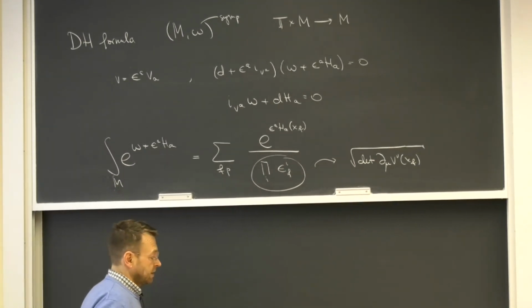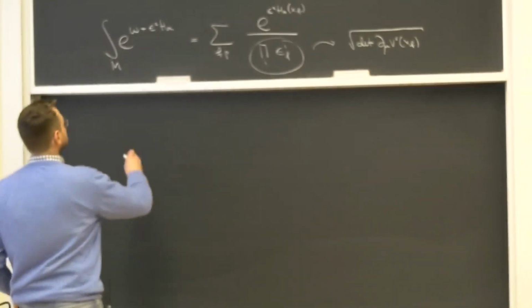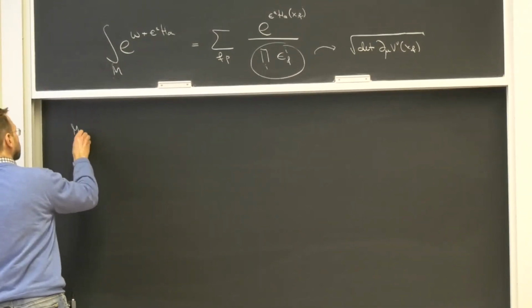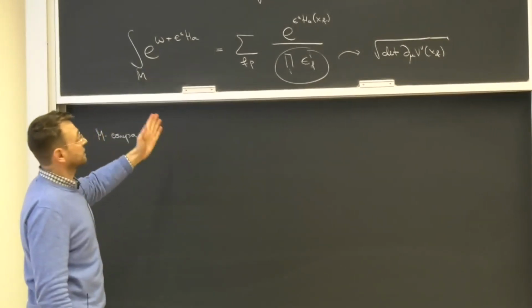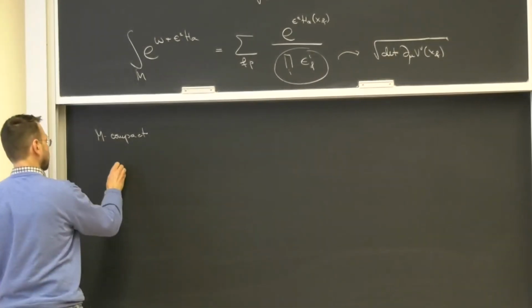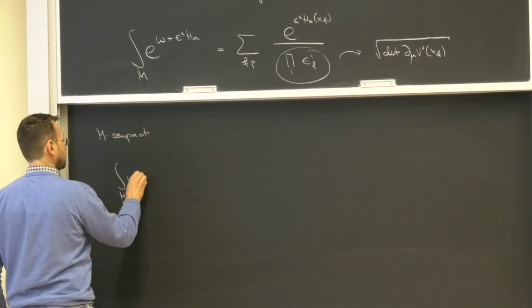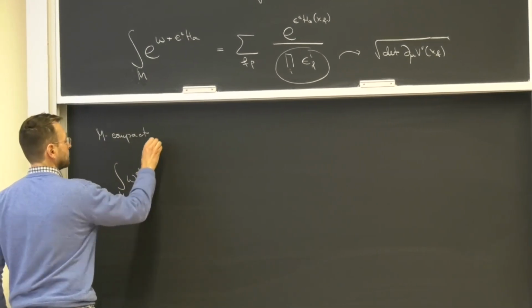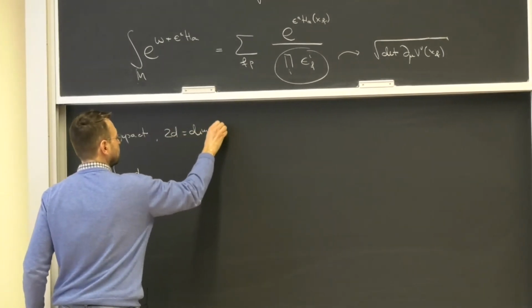Of course, now the standard thing. This is what most people are doing. Then what is the meaning of this integral? Because if M is compact, for example, I can take this side and expand in epsilon. Then I would have my integral over M of omega^d, where my dimension of the manifold is 2d.